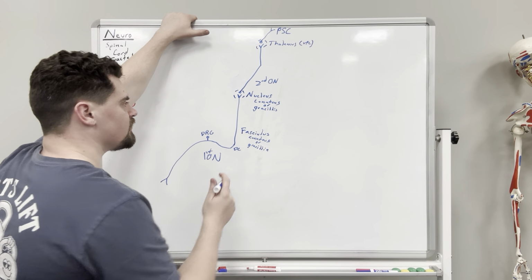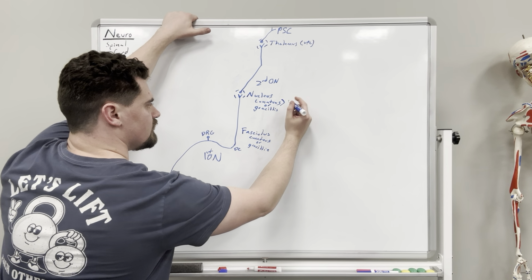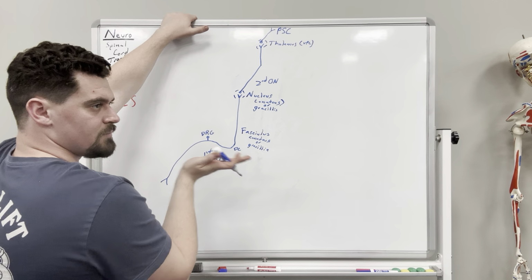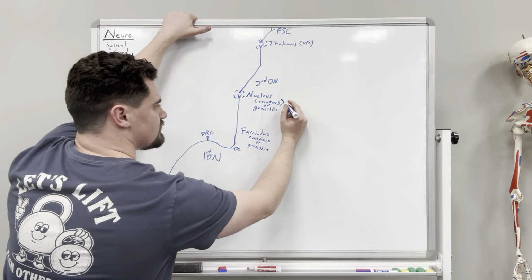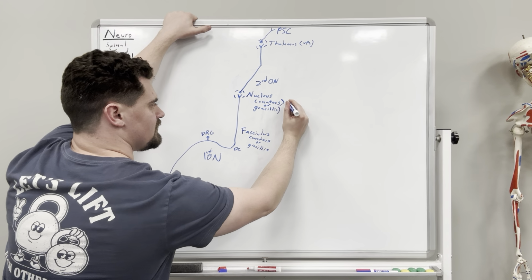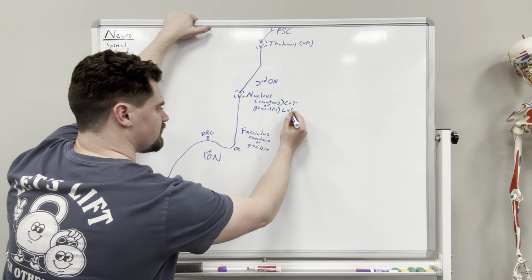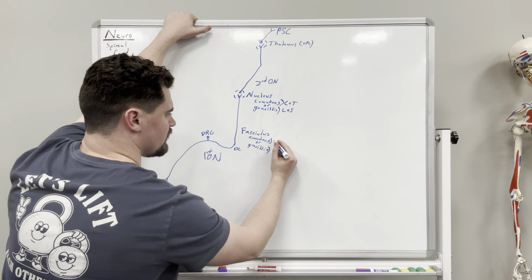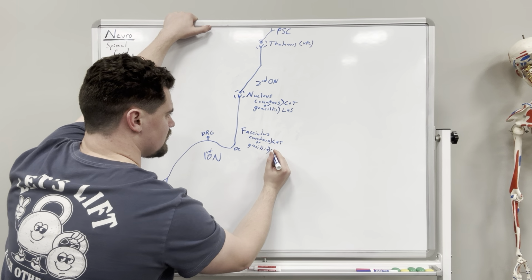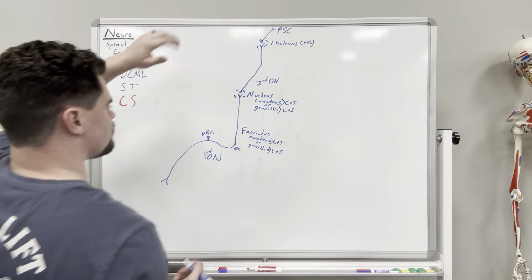So what does it depend on? It depends on where it is coming into the spinal cord. So cuneatus is going to be cervical and thoracic areas, and then gracilis is lumbar and sacral. And then the fasciculus is the same way. Cuneatus is cervical and thoracic, and then gracilis is lumbar and sacral.